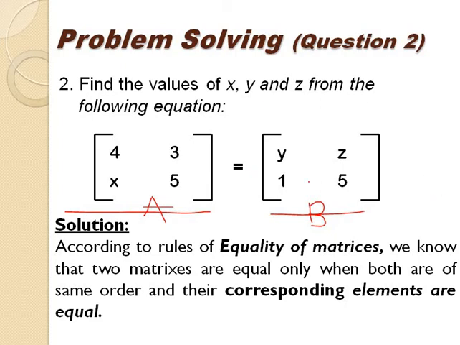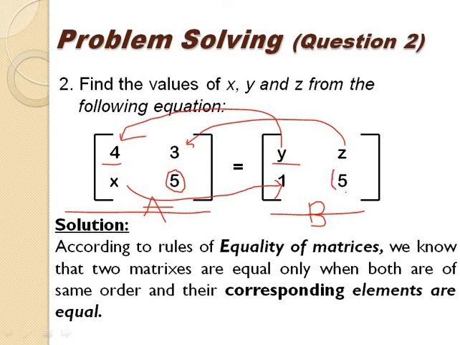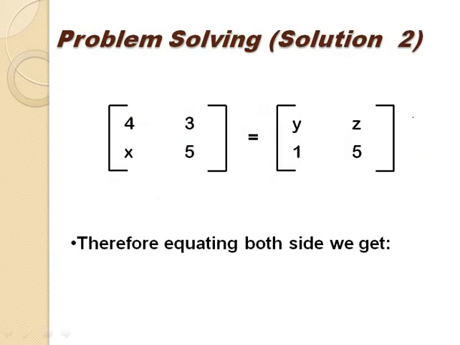It is given that both matrices are equal. Then as per this rule, if we equate 4 with y, we get y is equal to 4, z is equal to 3, x is equal to 1. 5 is equal to 5 shows that we are moving on correct steps. So equating, we get x is equal to 1, y is equal to 4 and z is equal to 3.